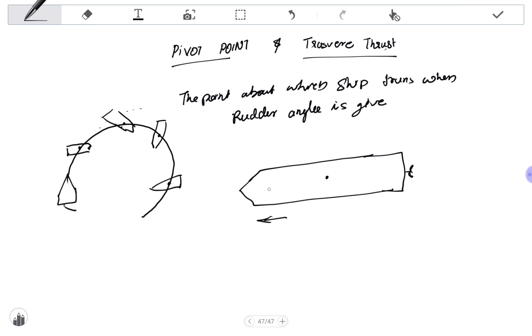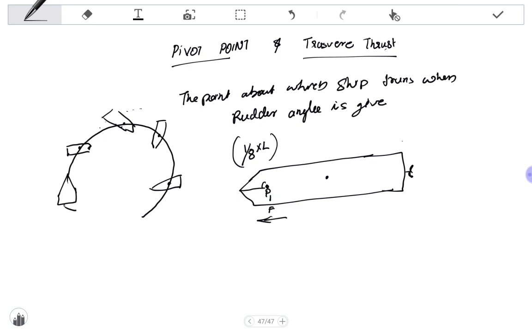The position of the pivot point will be somewhere here. That length will be 1/8 of the length of the ship. If you measure this much distance from the forward, you will get a point. That is the place where the pivot point is when the ship starts moving forward.